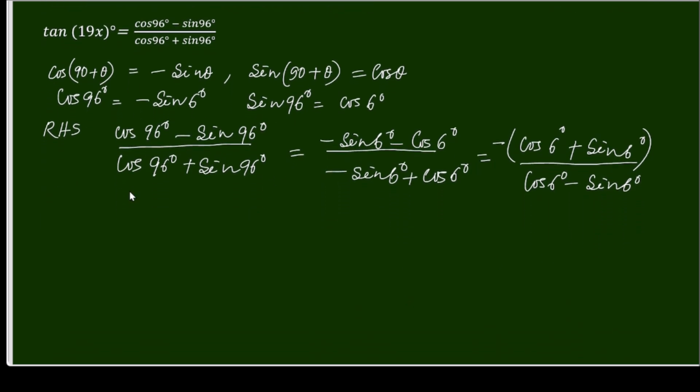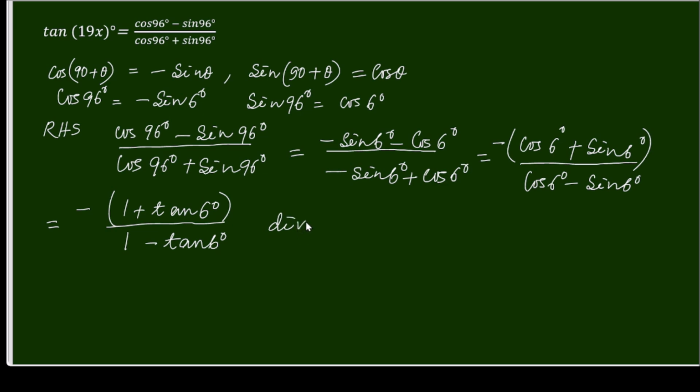Next I'll divide throughout with cos 6 degree. In each term it will be 1, and sine over cos is tan. So this will be 1 plus tan 6 degree over 1 minus tan 6 degree.